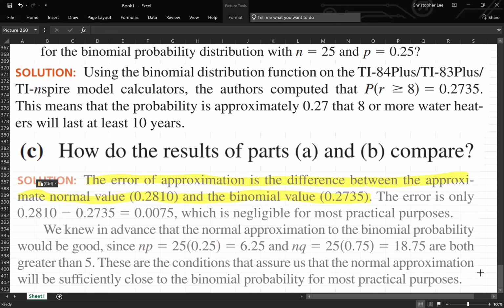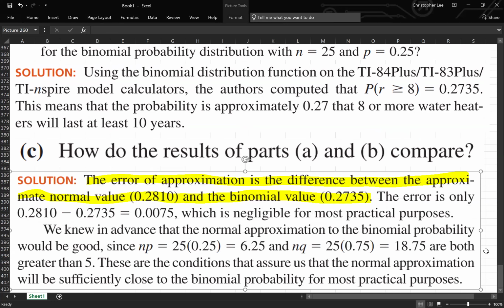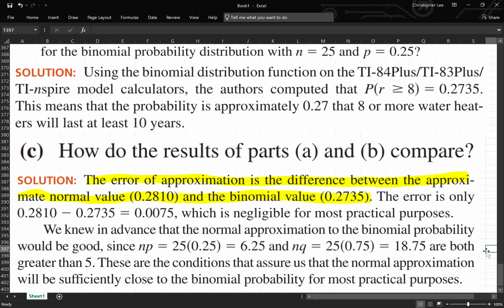All right, so the error of approximation is the difference between the approximated normal value, which is 0.2810, and the binomial value, which is 0.2735. We just subtract it: 0.2810 minus 0.2735. We get 0.0075, which is negligible.